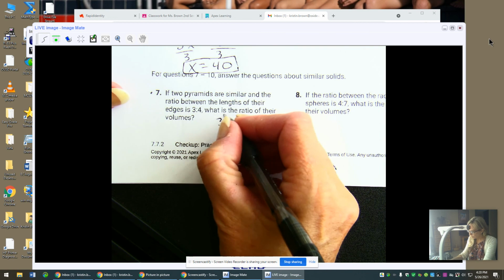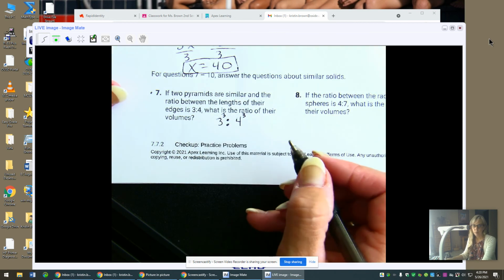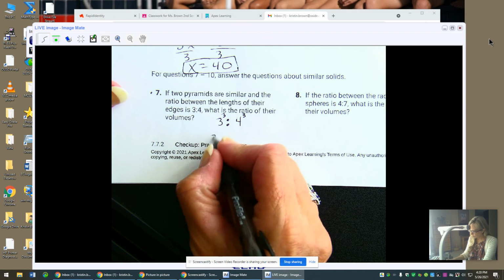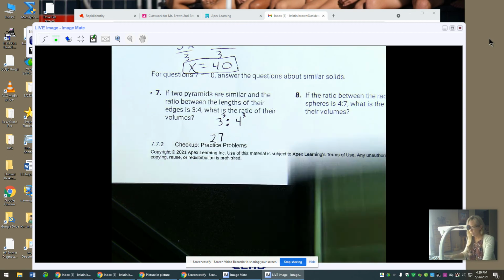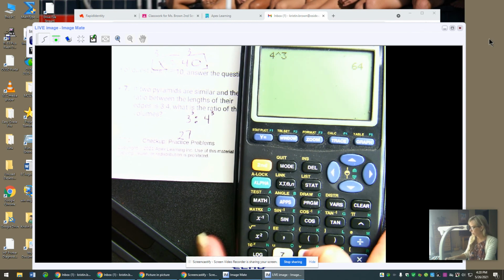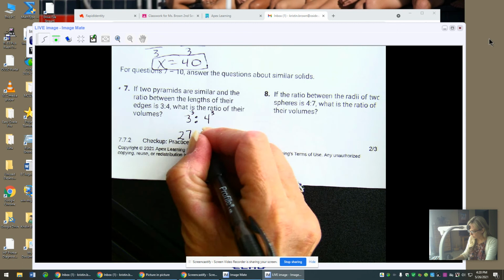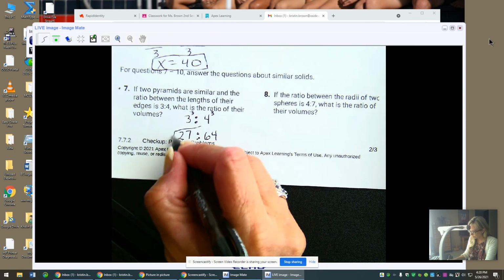To get the volume, we would have to cube both of them. So 3 cubed is 27, and 4 cubed, you can use your calculator: 4 caret 3 is 64. So the ratio is 27 to 64 for volume.